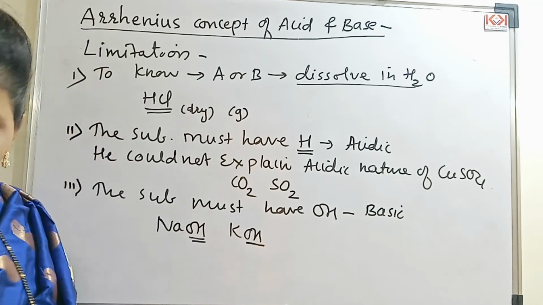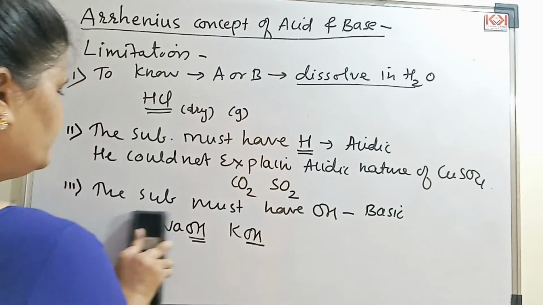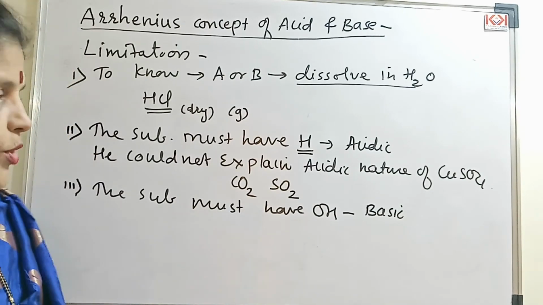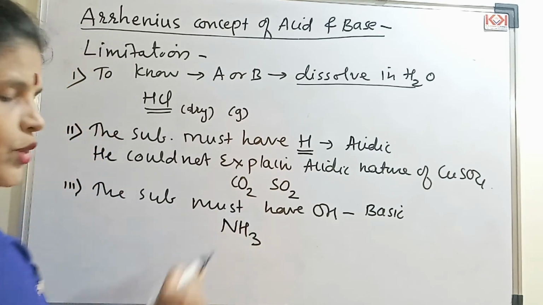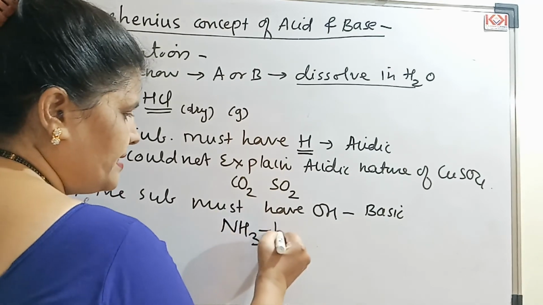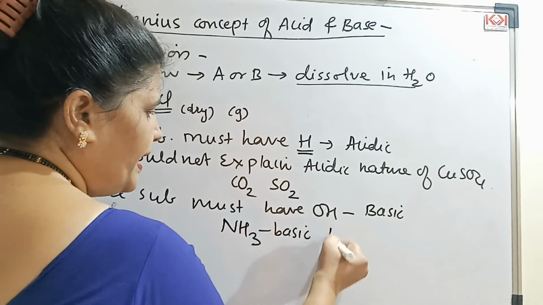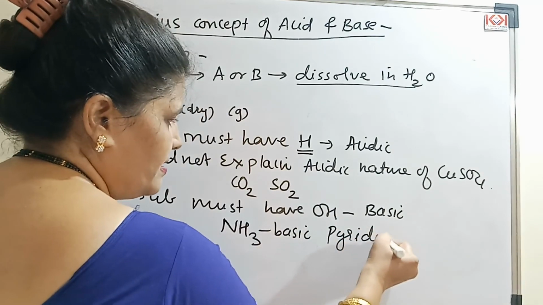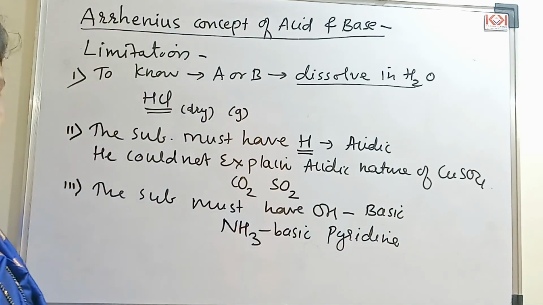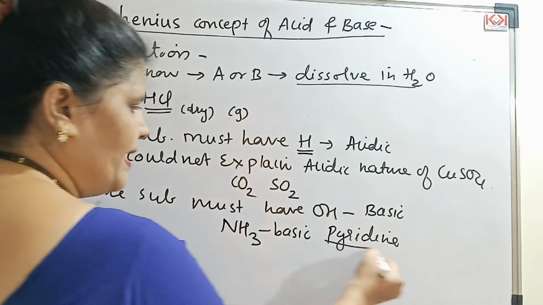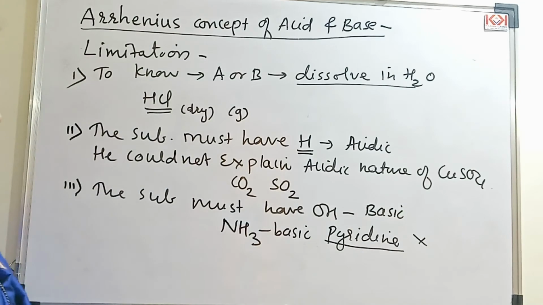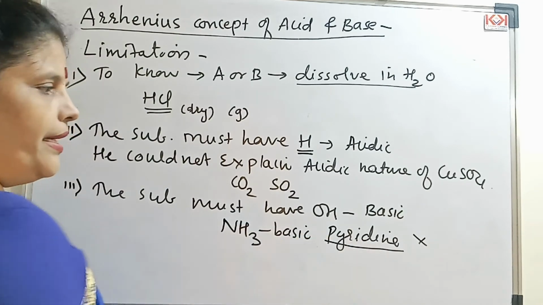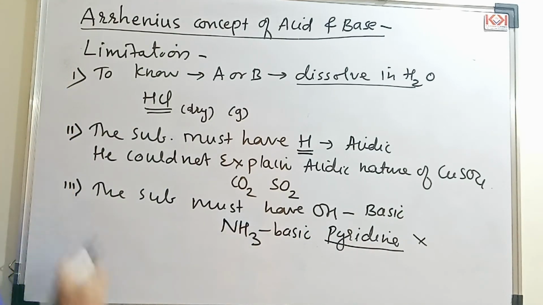But some substances like ammonia, you know students, ammonia is basic. If I see ammonia, there is no OH group here, but still it is basic in nature. Pyridine, if I see, there is no OH ion present there, but still this is basic. Arrhenius could not explain the basic nature of ammonia or pyridine. So this was the third limitation.